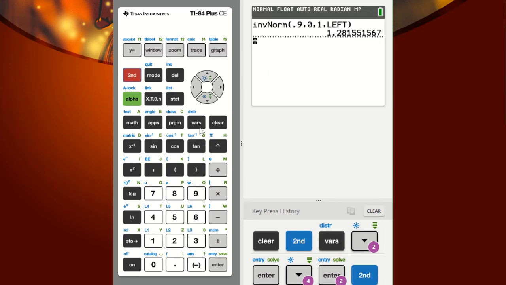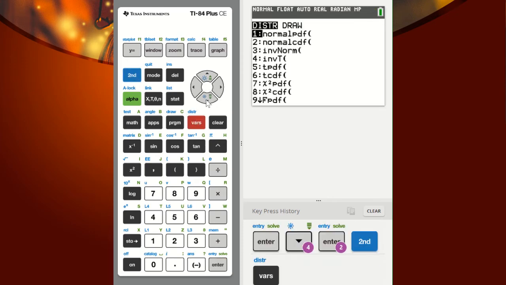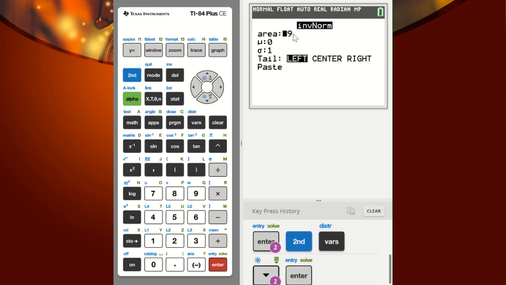Now, I don't have to do a z-score. I could find an actual value. So maybe I want to find the actual weight, how many grams a gerbil weighs that weighs more than 90% of gerbils.